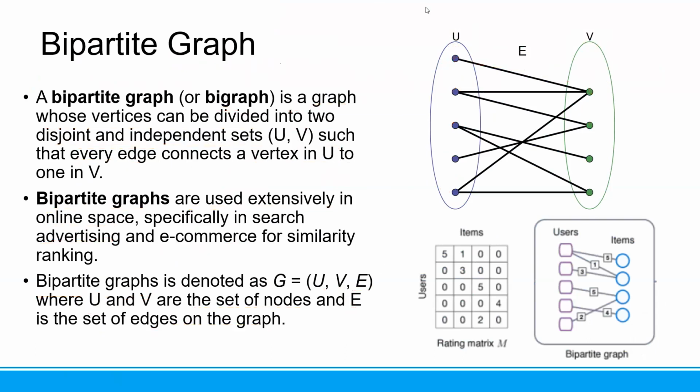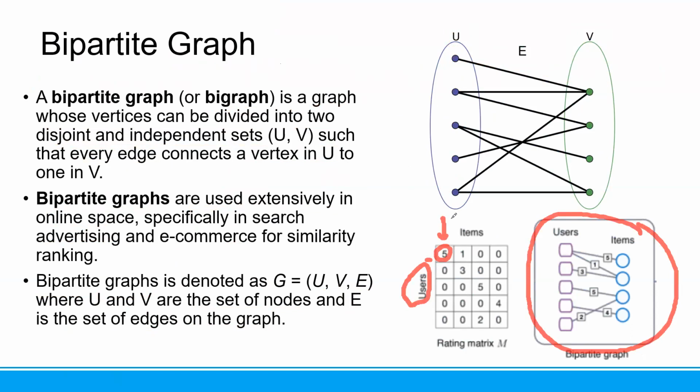In e-commerce, we can also see this kind of graph. It means I want to know about the users. Let's say you always do online shopping. The users bought items. So user 1 bought 5 of item 1.